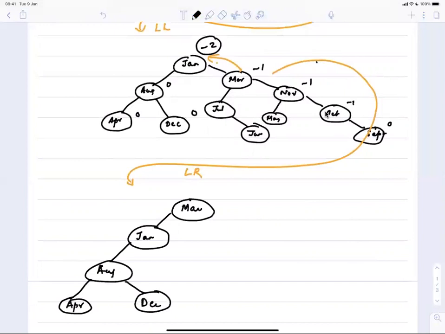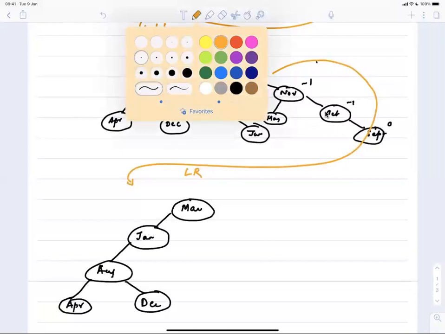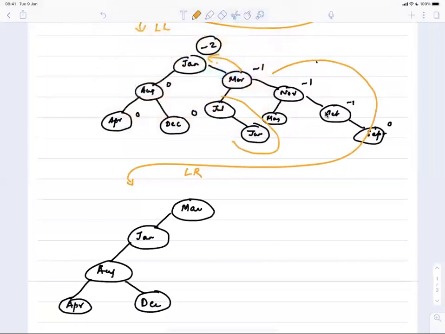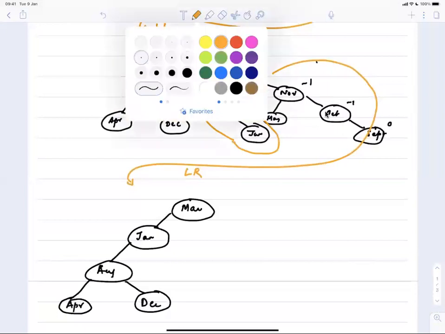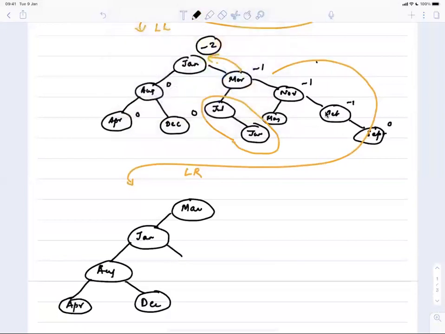Now, since March has become the root and its left child is Jan, this July and June have to become the right children of Jan.